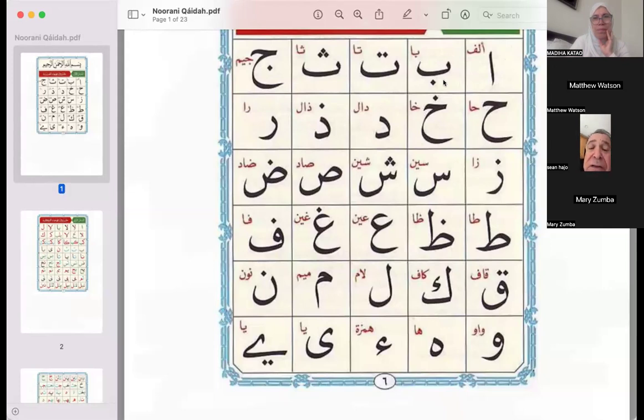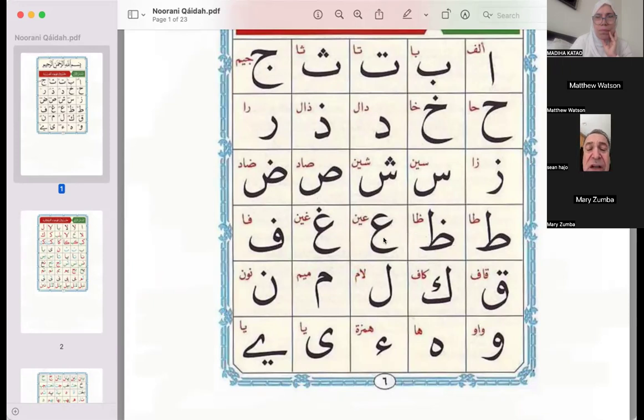Alif, Ba, Ta, Tha, Jim, Ha, Kha, Dal, Dhal, Ra, Za, Sin, Shin, Sad, Dad. This letter, the Arabic language is the only language in the world that has this letter, so it's called Lughat al-Dad, the language of the Dad. Ta, Za. This is like Zalim, or when you say Islam, similar to this letter.